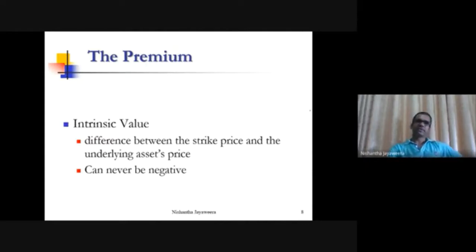So intrinsic value, as I mentioned, is the difference between the strike and the underlying asset's price, and that can never be negative. Even though we call it the difference between the strike price and the underlying asset price, it cannot be negative, never.